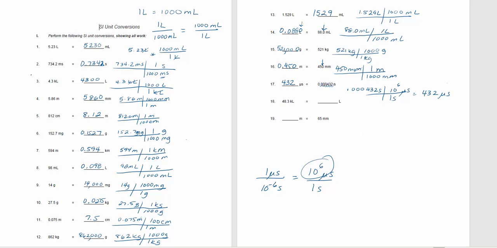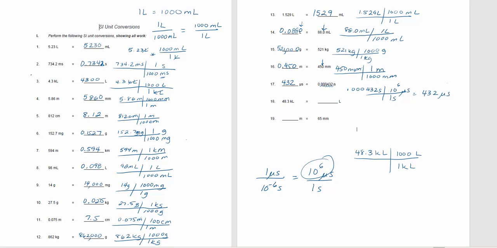Now, kiloliter to liter, that is not something you're really going to see in my class, but we will use the kilo prefix. So 48.3 kL. The kilo indicates that we have 1,000 liters for 1 kiloliter.